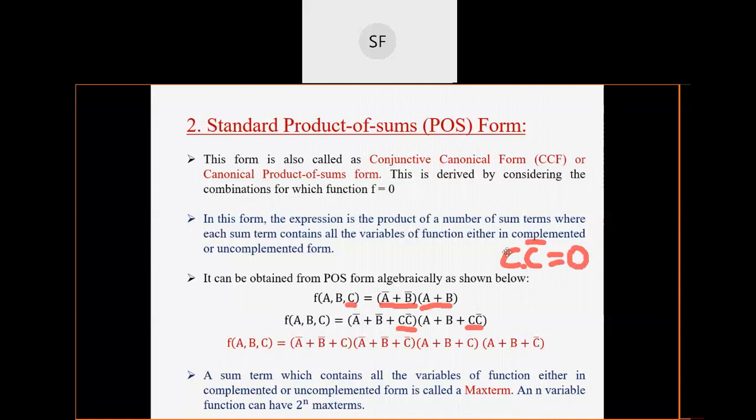Why? Because at any time one of those inputs will be 0, and the AND operation says that if one of the inputs is 0, the output will be 0. So hence c dot c bar will always equal 0.